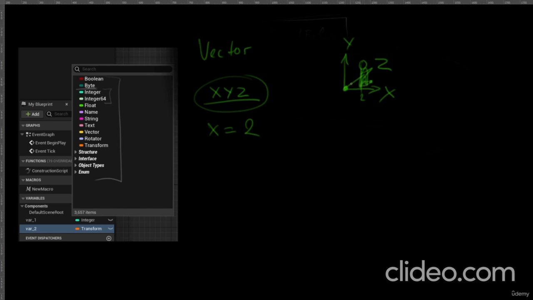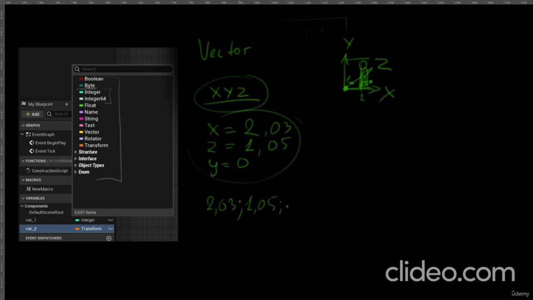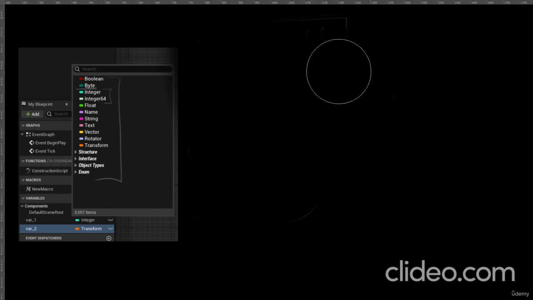For example, here is like 1, our z is 1, and on y our player is connected to the ground, so our y is 0. So let's say we have a little decimal, and this is a vector. It will be written like that, 5 and 0. So this will be the information that our vector holds. It is the representation of our object in the 3D space. So this is what the vector does.